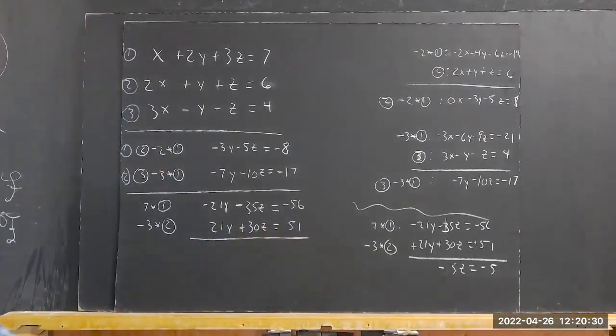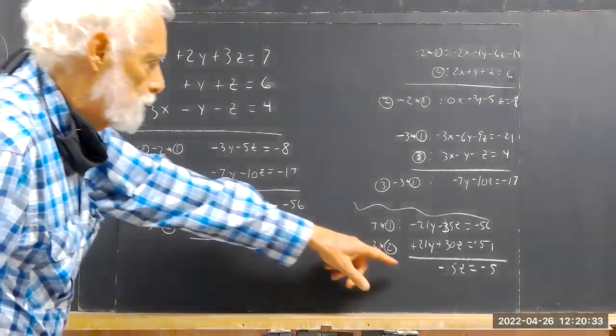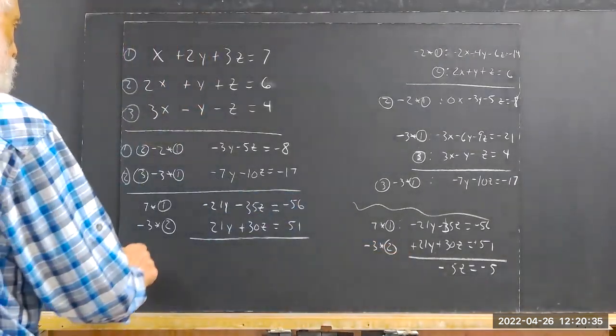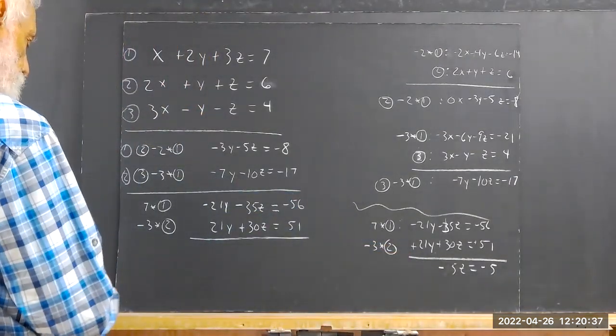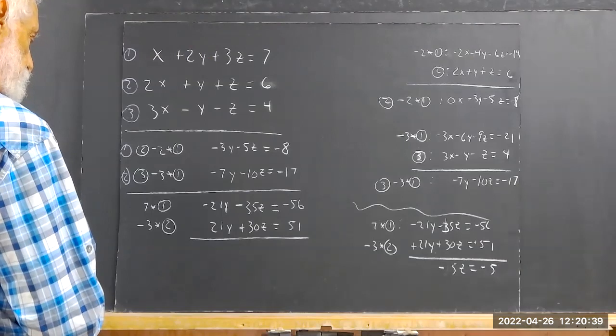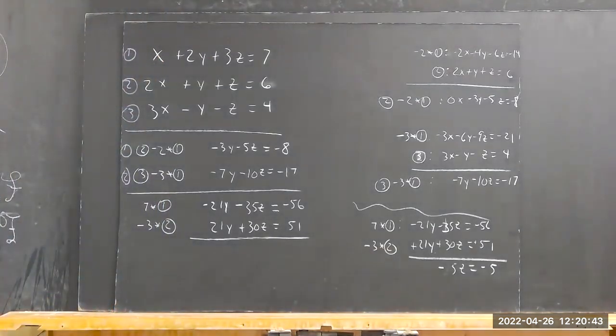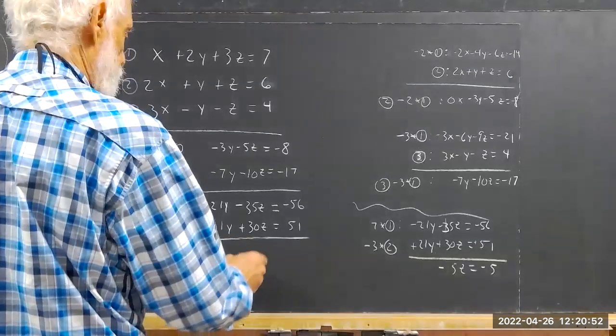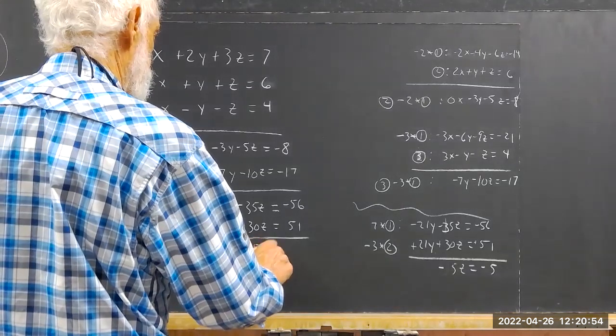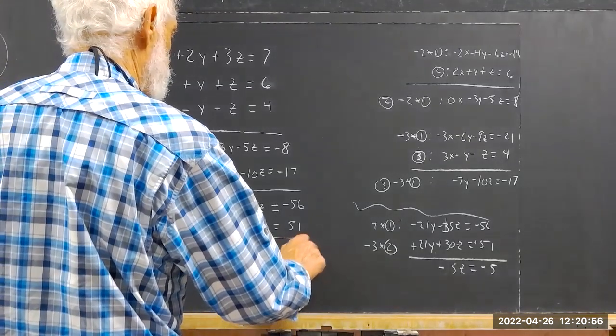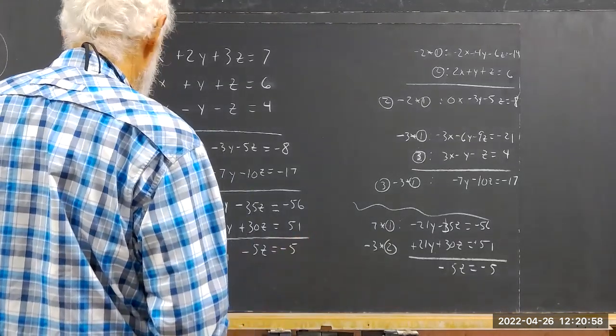Okay, so here I have it. These are the 2 equations, and they're going to add up to this. So now, what I've got down here, I'm using purple chocolate, not purple chocolate. What I've got down here is no y and negative 5z equals negative 5.